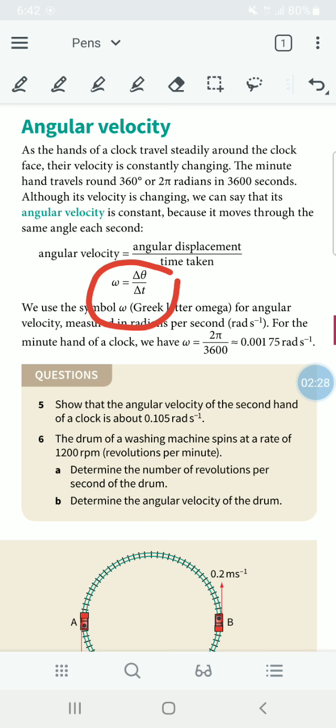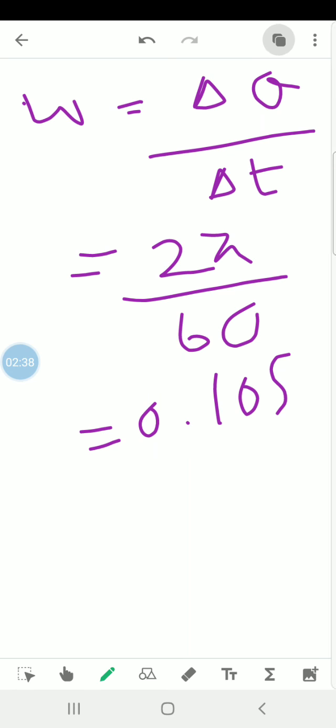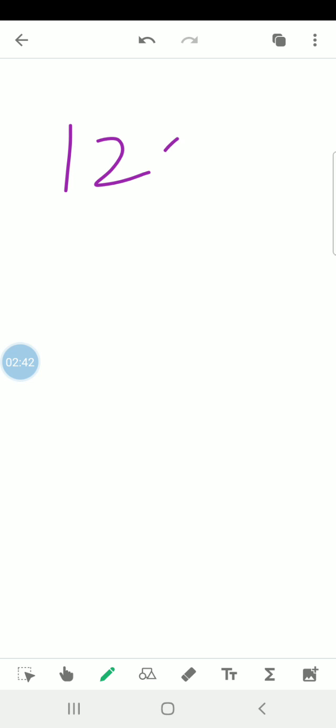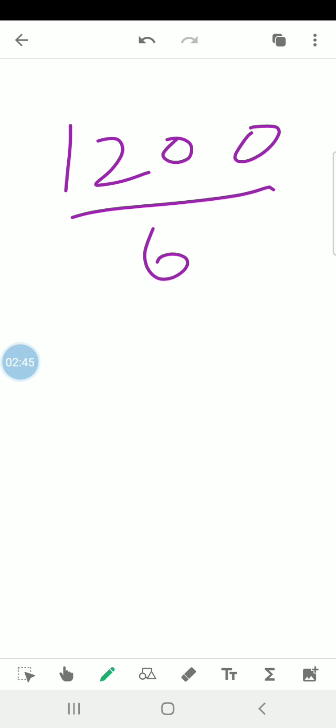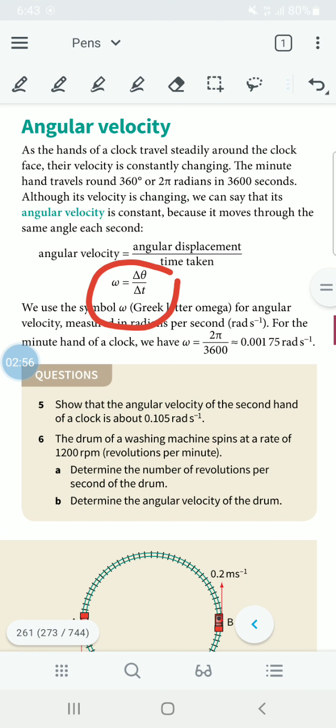You divide 1200 by, obviously, 60. Why do you have to divide it by 60? Because 1200 is how many rotations it has in 1 minute. So to find out per second, you do this, then you get 20. It rotates 20 times per second.